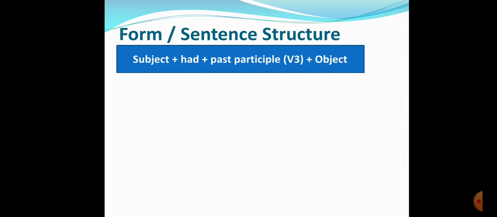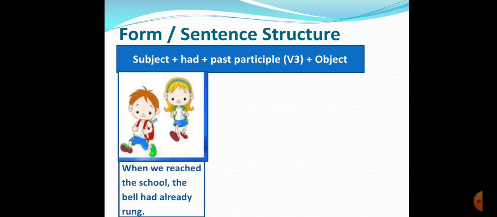Now, let me give you one more example. When we reached the school, the bell had already rung. Can you see now? Notice we reached the school, but what happened? Before that the bell had already rung. Now with this tense you can also use words like yet, already.